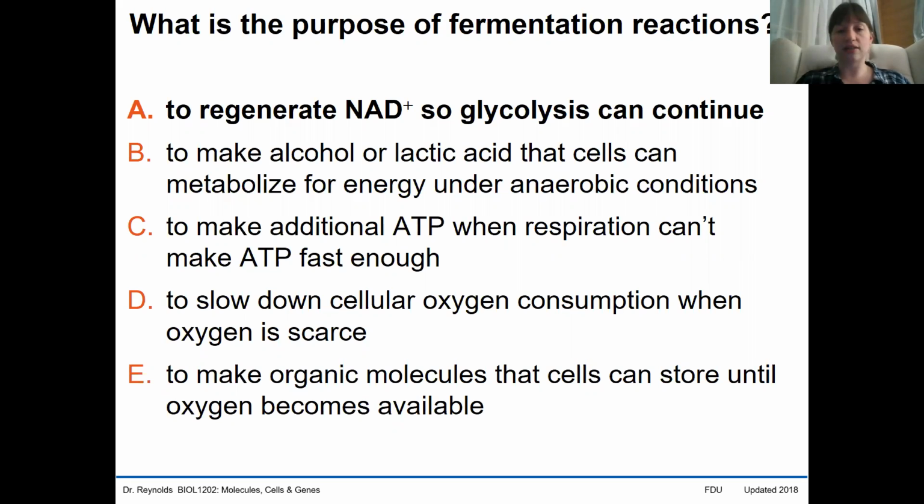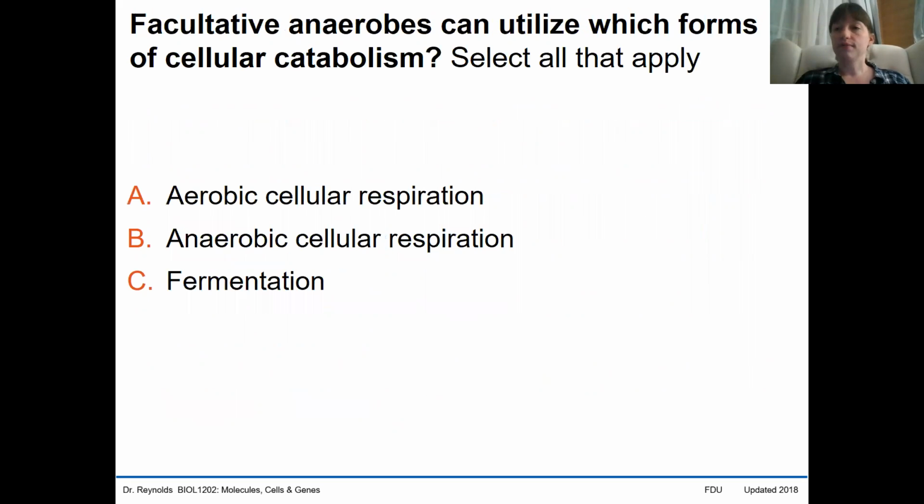So tell me in Socrative, facultative anaerobes can utilize which forms of cellular catabolism? Select all that apply. Well, you know that facultative anaerobes are going to be doing aerobic cellular respiration because that's going to be the most efficient form.